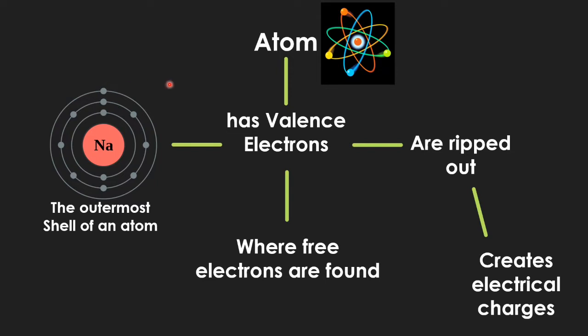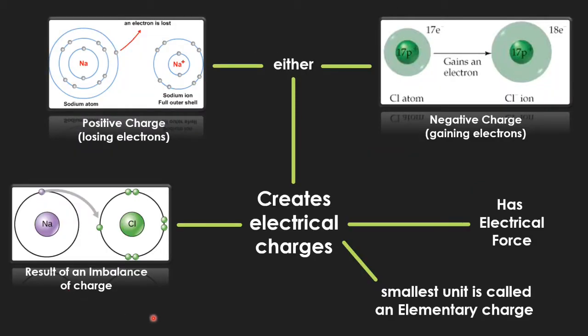So when an electron is removed, there are more protons than electrons, and so sodium becomes positive in this case. Remember that when an imbalance of charge occurs, it creates an electrical charge.